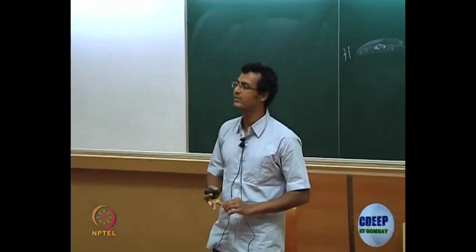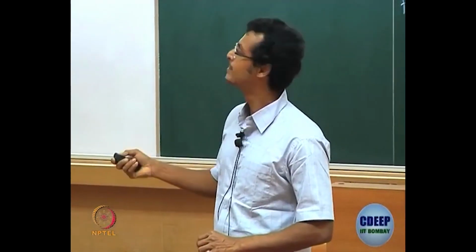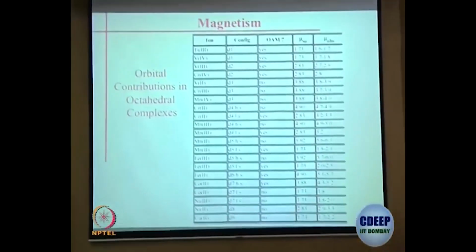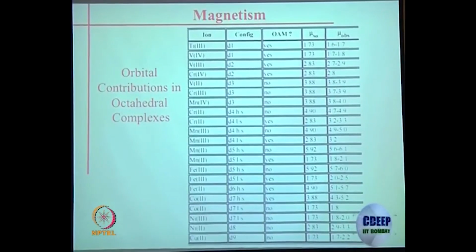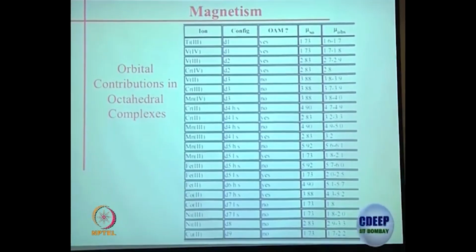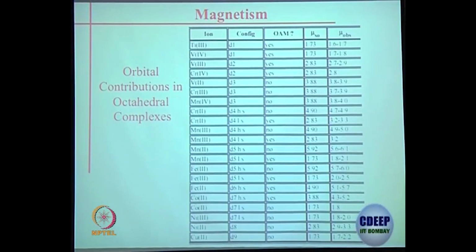No, this is the spin only value, one unpaired electron, 1.73. Usually what also happens is simply the splitting in the tetrahedral.